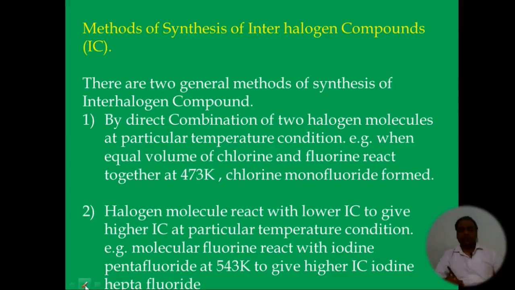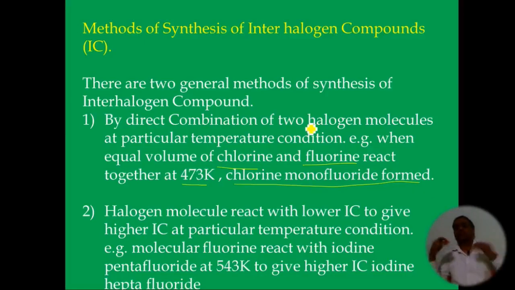Now let's see what are the methods to synthesize these interhalogen compounds. There are 2 general methods of synthesis. First is direct combination of 2 halogen molecules at particular temperature conditions, that is, when equal volume of chlorine and fluorine react together at 473 Kelvin, chlorine monofluoride is formed.